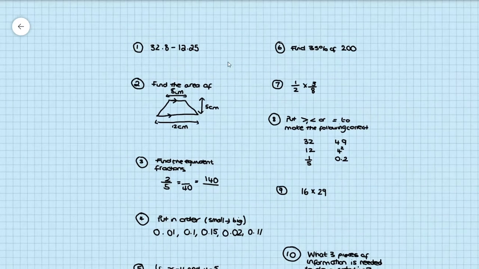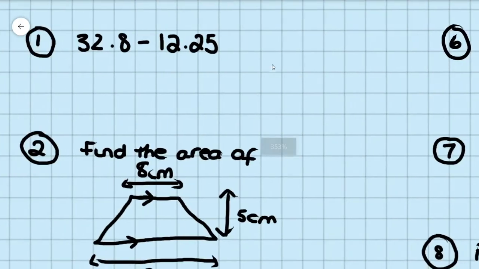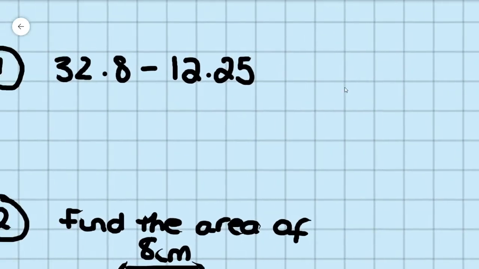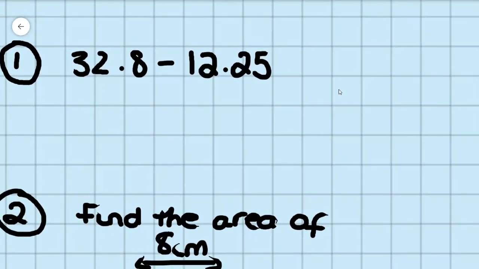Okay, so first one up here, we've got subtraction. Okay, and I'm going to add in my place value here. So I've got 32.8, and I'm minusing 12.25. So I'm going to add in that extra 0 here, and it will make sense why in a minute.